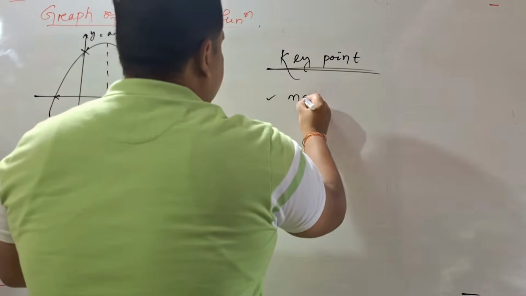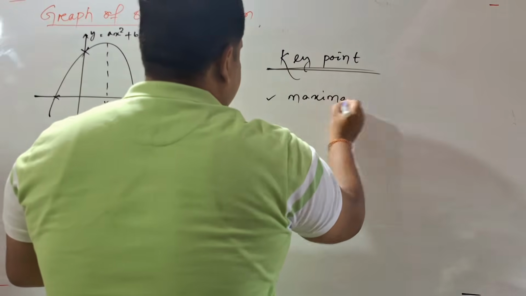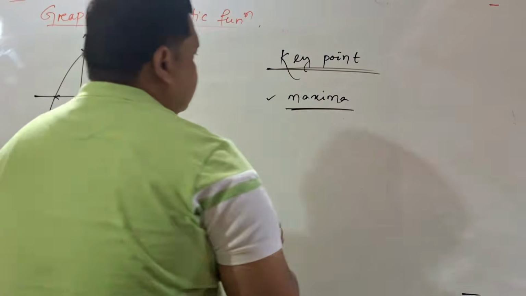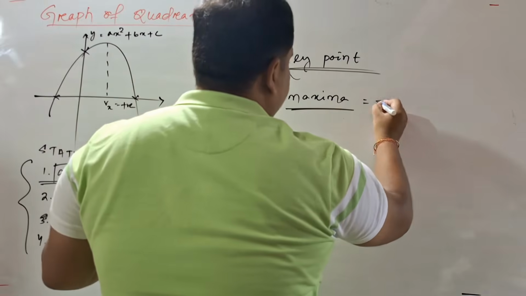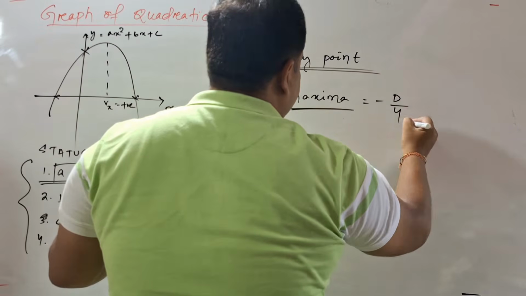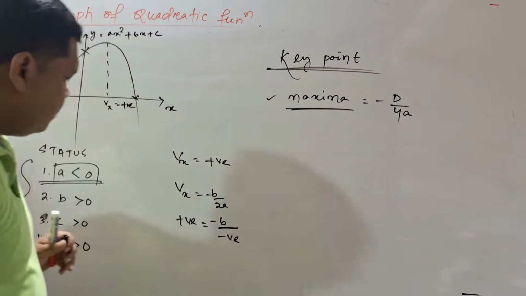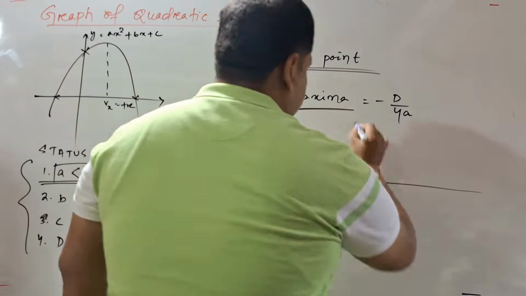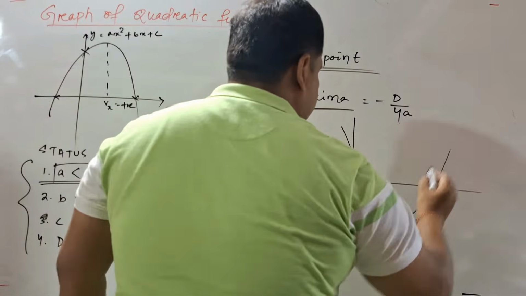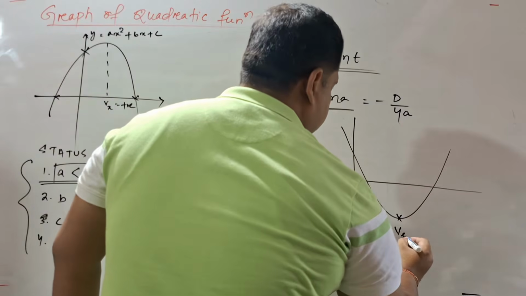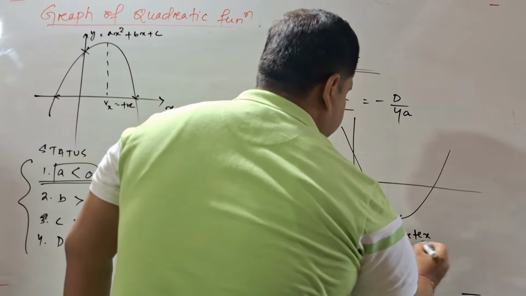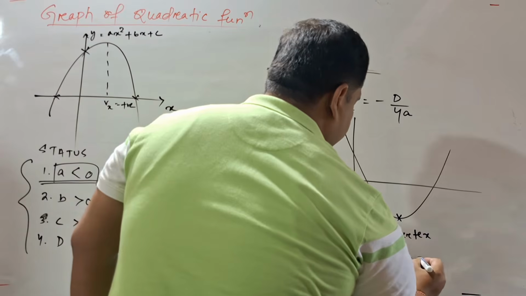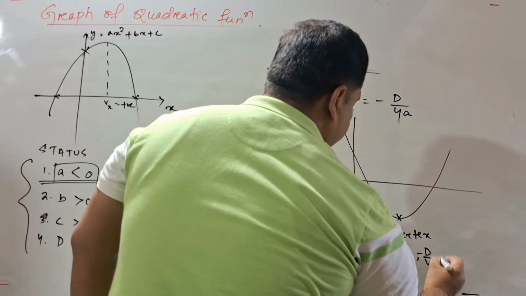Here the maximum value, maxima, about maxima and minima. Value is what? The formula for maxima is minus d by 4a. Suppose this is the graph of a quadratic function. This one is the vertex. This coordinate is minus b by 2a, comma minus d by 4a.